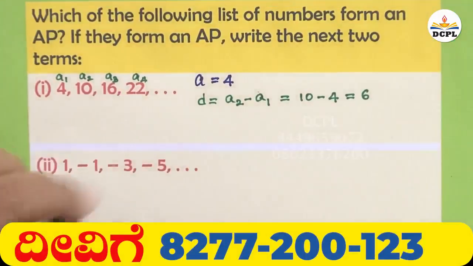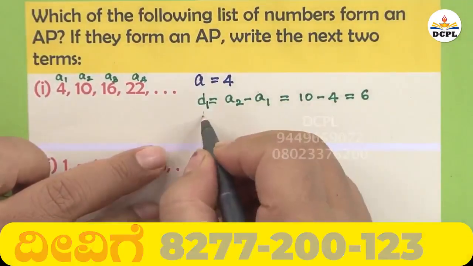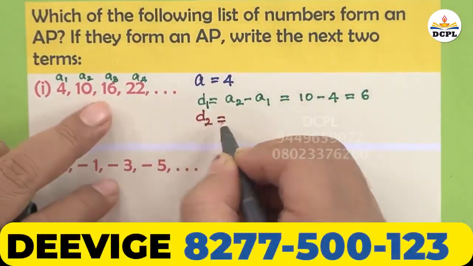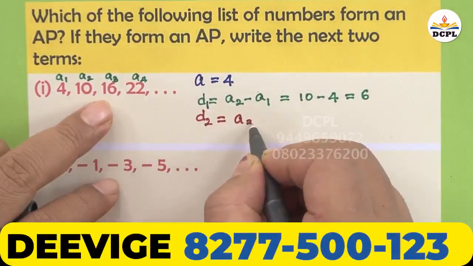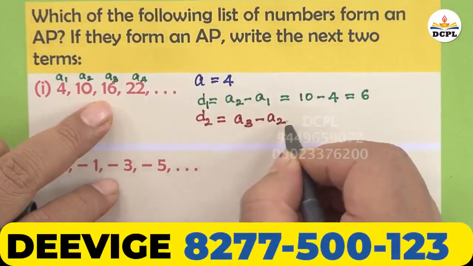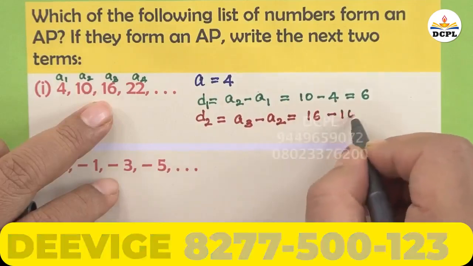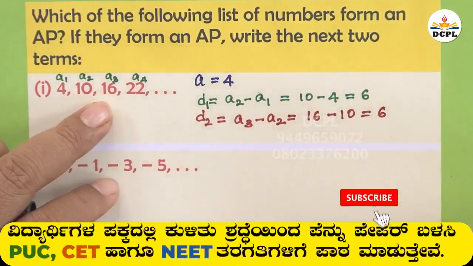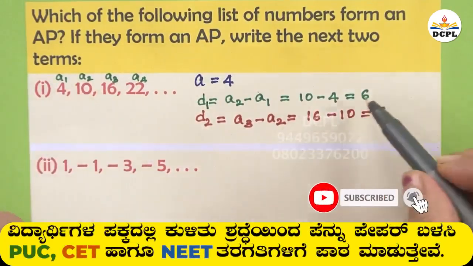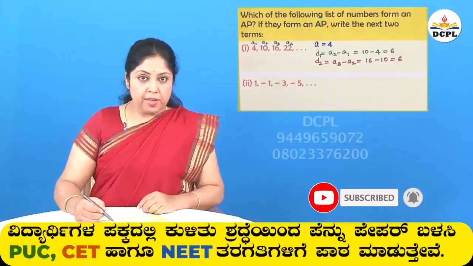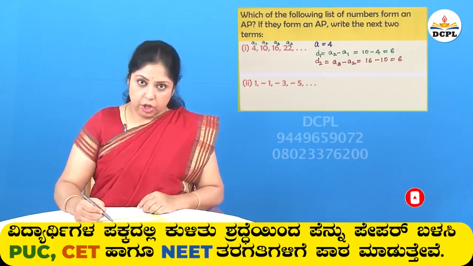Let us call this D1. Now D2 is A3 minus A2, which is 16 minus 10, which is equal to 6. So dear students, we have observed that the common difference is constant.